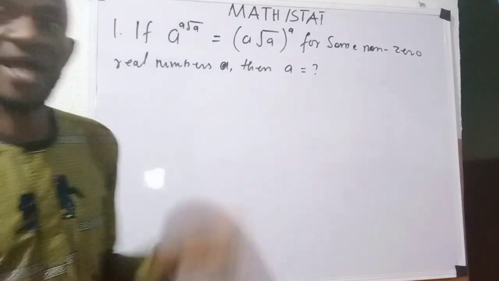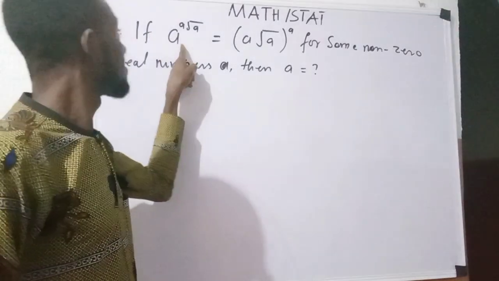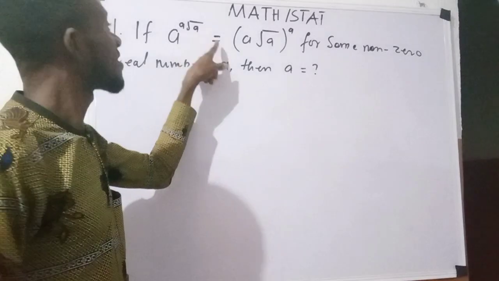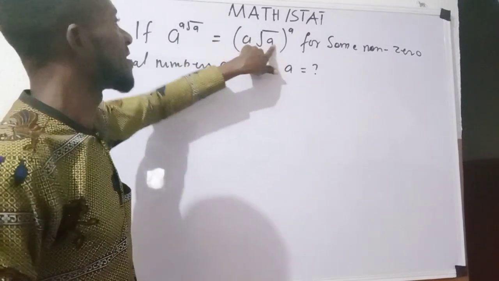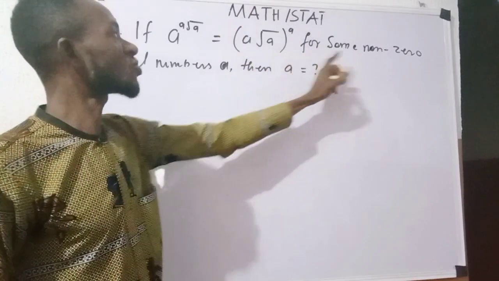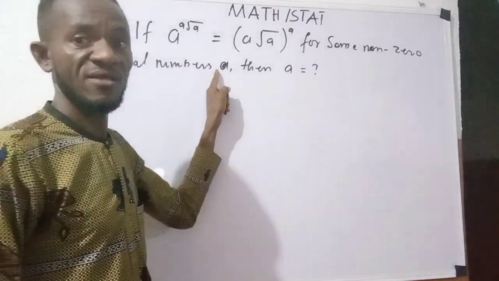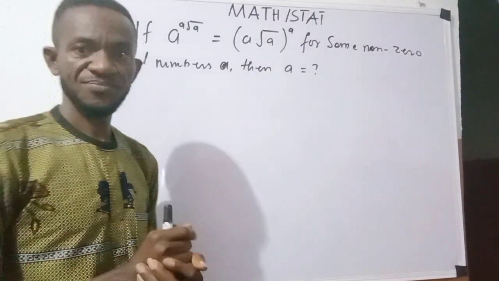The question says, and I repeat, if a raised to power a square root of a equals square root of a, root a, raised to power a, for some non-zero real numbers a, then a equals what?